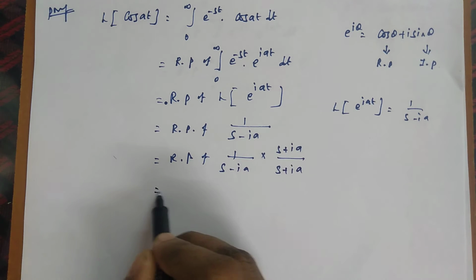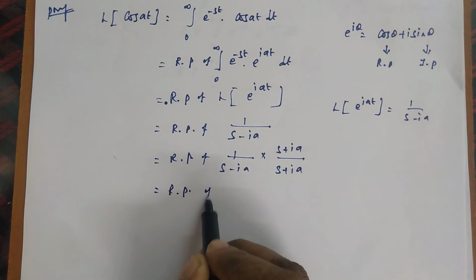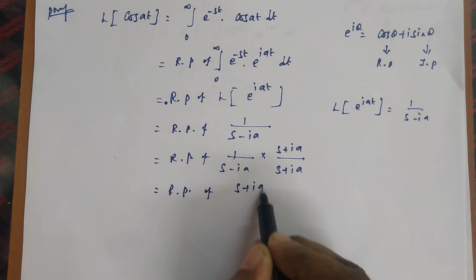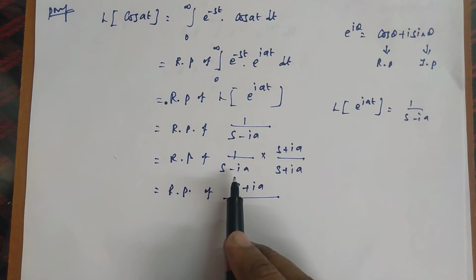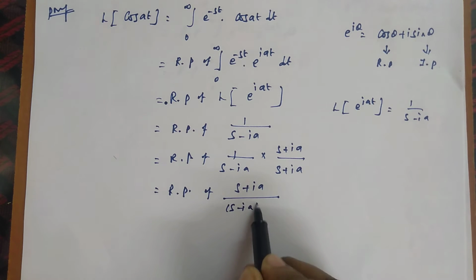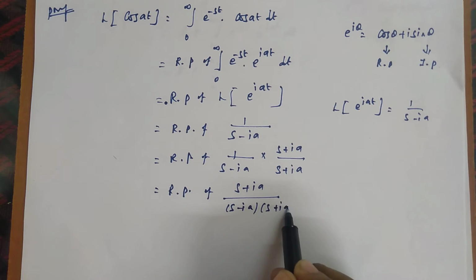So that is equal to the real part of s plus ia divided by, this is of the form a plus b into a minus b, that is s minus ia into s plus ia. What is the result? a plus b into a minus b is nothing but a square minus b square.